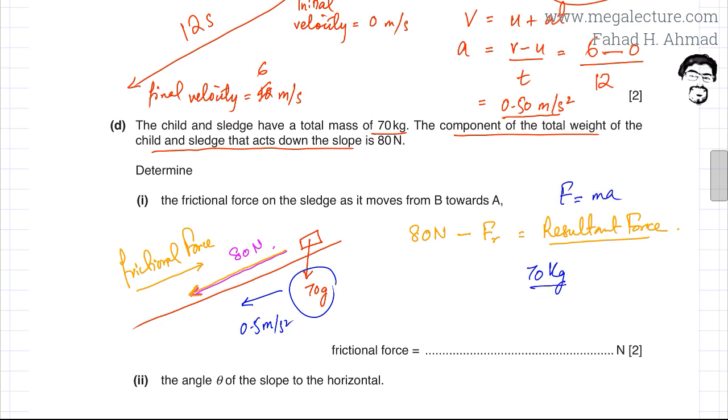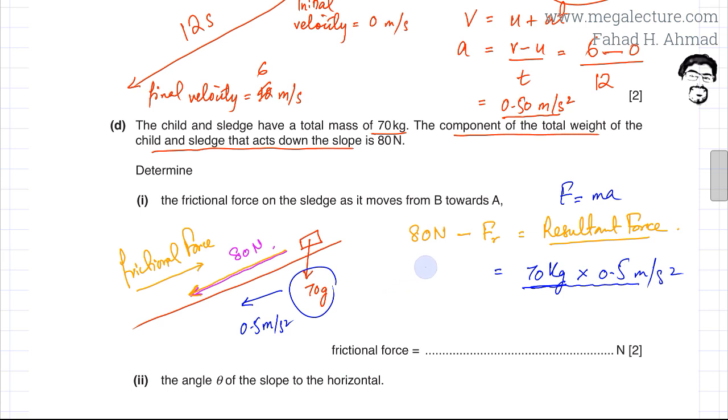So mass into acceleration down the slope is 0.5 meters per second square. So this would be my net resultant force that's acting downwards. The body is moving at 0.5 meters per second square, and the mass of the body is 70 kg. So we just need to solve this now.